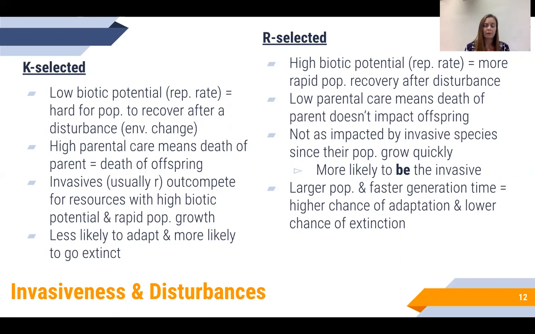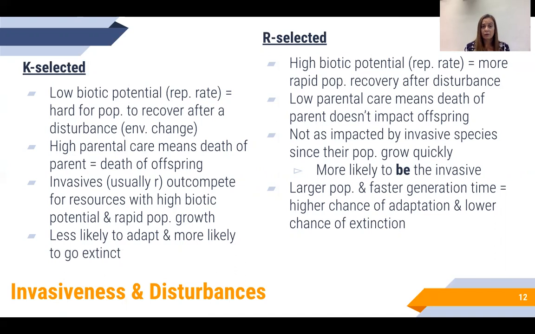Now, when we look at R-selected, they are much less bothered by environmental disturbances because with their high population growth, that high biotic potential, they recover much more quickly after a disturbance. Because they don't provide parental care, if an organism loses its parent, it's not a significant impact on that organism's ability to survive. And so the offspring are more likely to survive a disturbance.